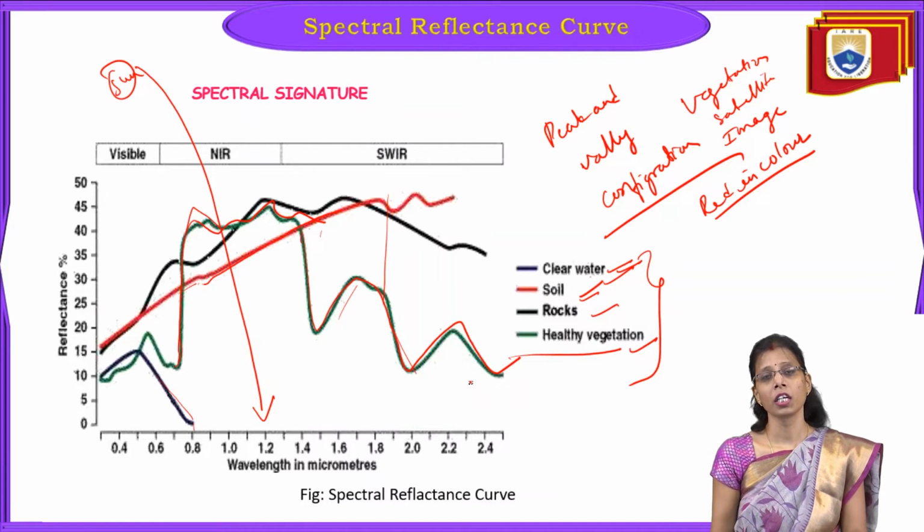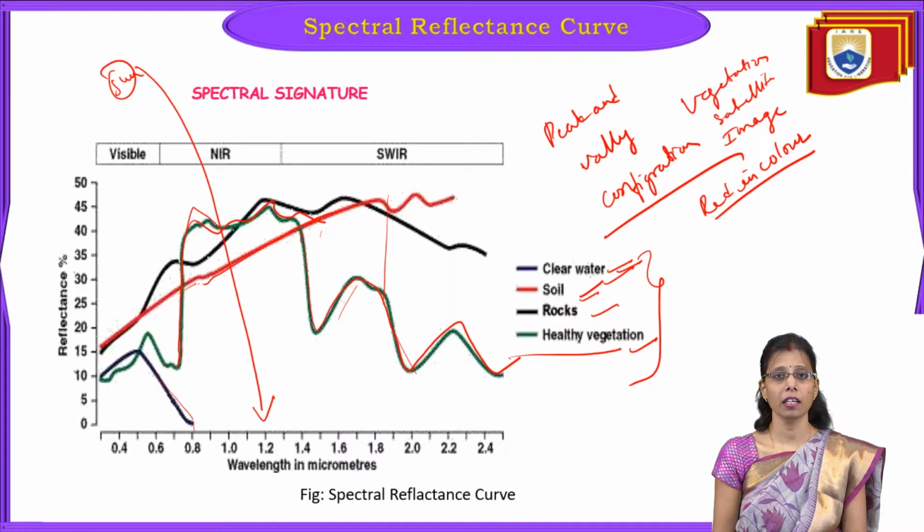That happens due to the presence of leaf color. Vegetation will not always be evergreen, dark green. There will be a variation in the color, like a dark green color or a lighter color, or the vegetation may be dried. Based on that, the reflectance curve will vary.